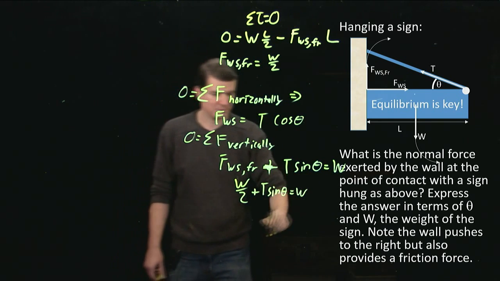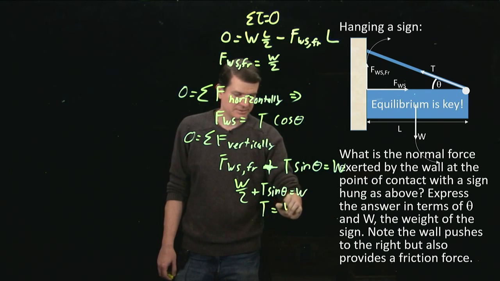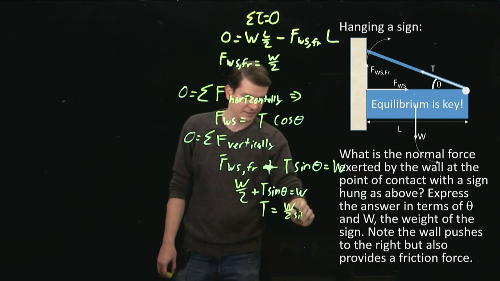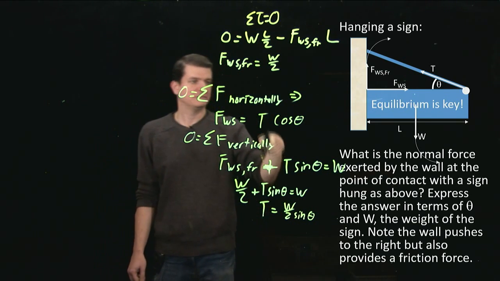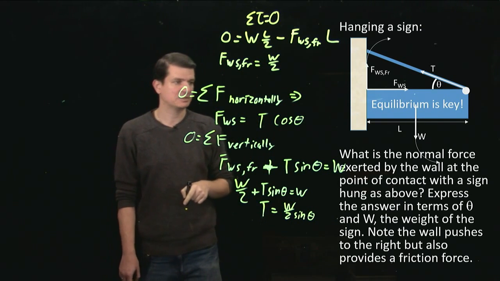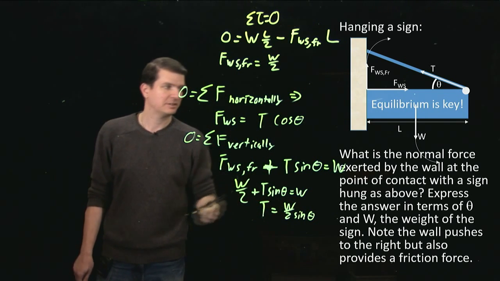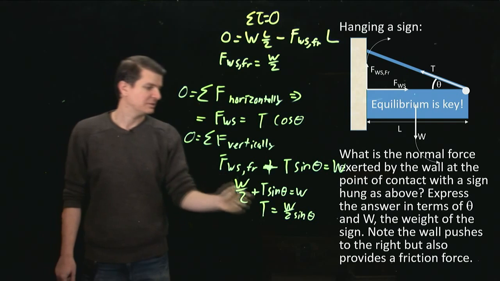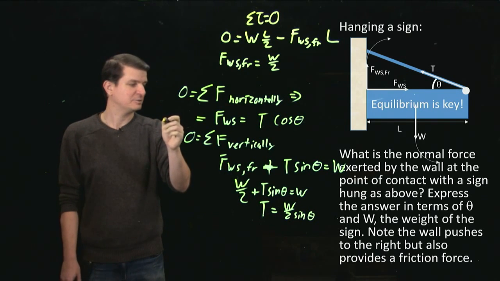We can subtract the W on 2 and find out that T is W on 2 sine theta, which looks familiar. We can then put that back into our horizontal equation. So F_W,S is supposed to be T cosine theta. So now we know that T is W on 2 on sine theta as before.